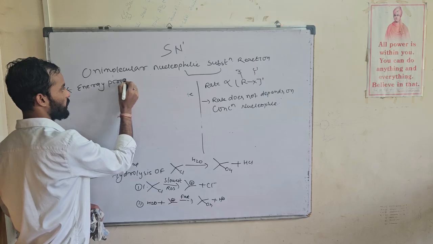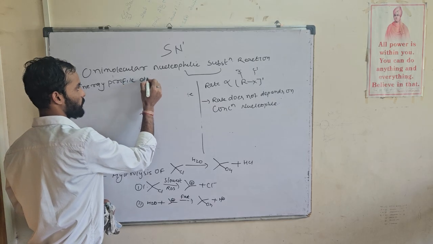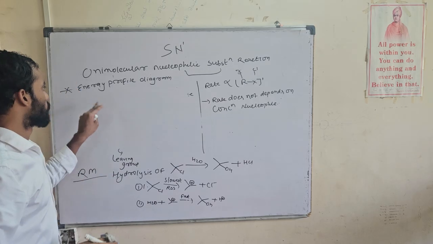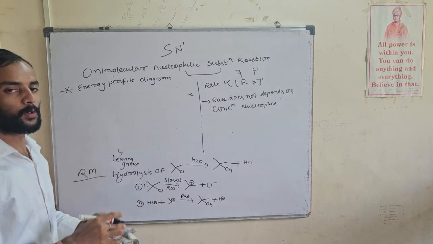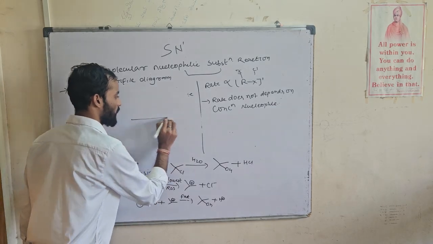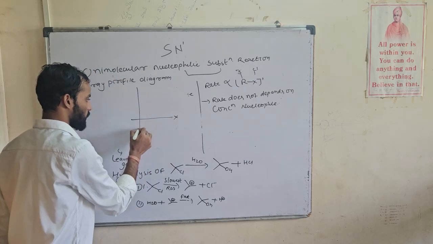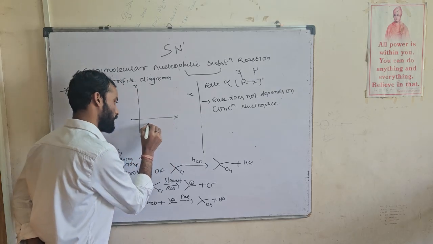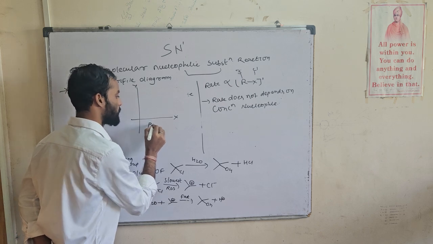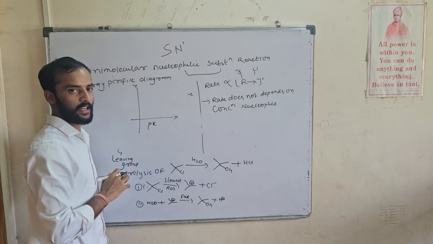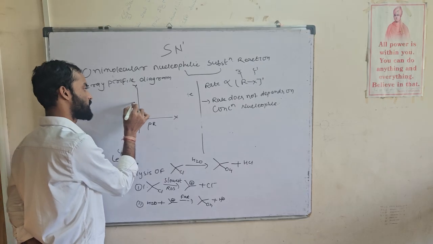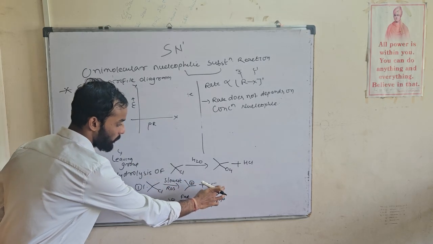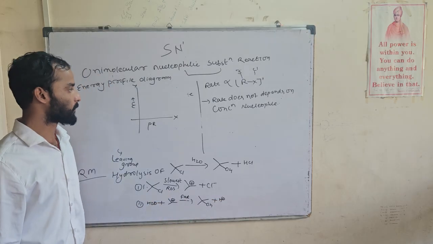To draw the energy profile diagram, we have to take two coordinates. First one is the x coordinate and second one is the y coordinate. The x coordinate represents the progress of reaction. We represent it as PR, that is P for progress, R for reaction. And the y coordinate represents the energy of the species involved in these two states.